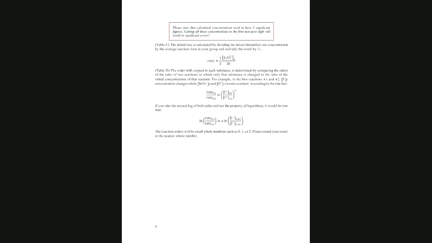You are right, because here it says, report average times to 1 decimal place. Report rates to 3 sig figs. So basically they are telling you that.